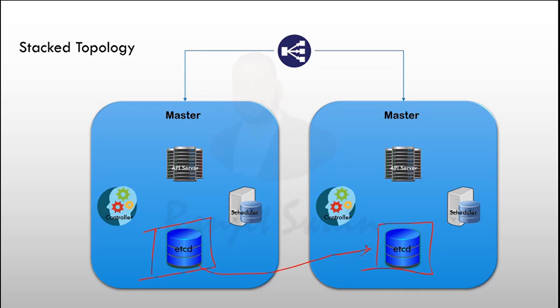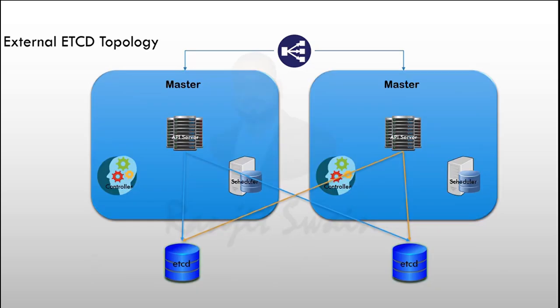Make sure that in case this goes down, the other one has all the information this one is having. So every time, everything gets added here, it should be replicated in this etcd. If it goes down, all the information is stored here and it can handle. This is stacked topology, where we keep the etcd data in the individual master machines.